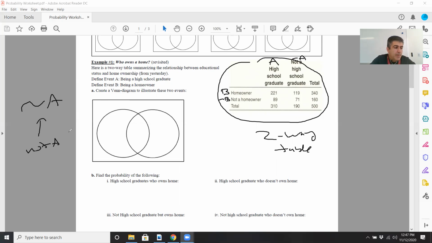So let's create a Venn diagram here. Let's say set A is over here. Again, that's a high school grad. Set B, that's a homeowner. Now, anyone want to take a stab at telling me what goes in the middle here? What number would I put in the middle there?